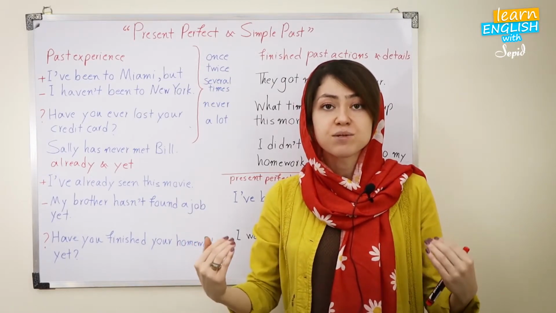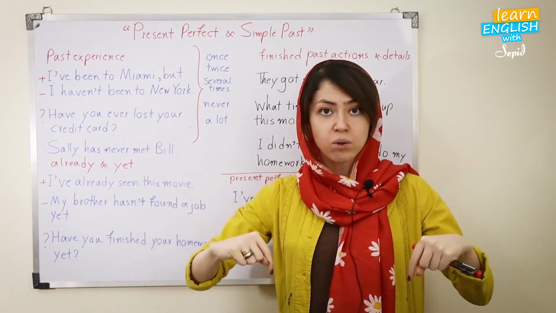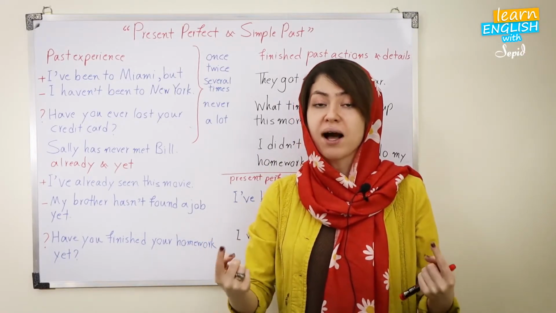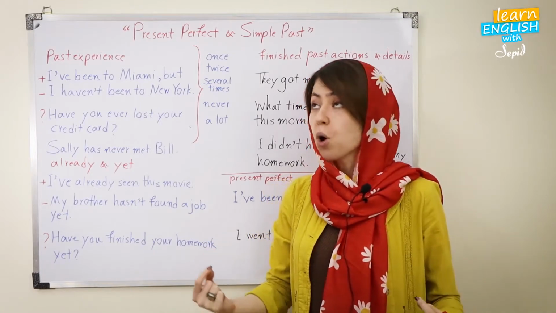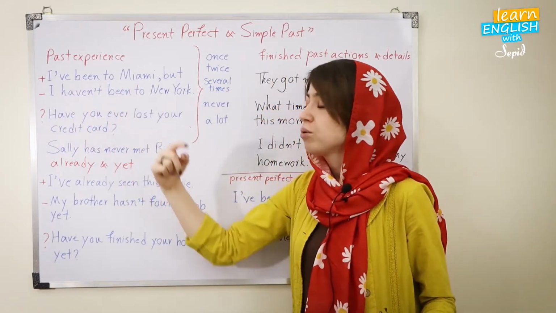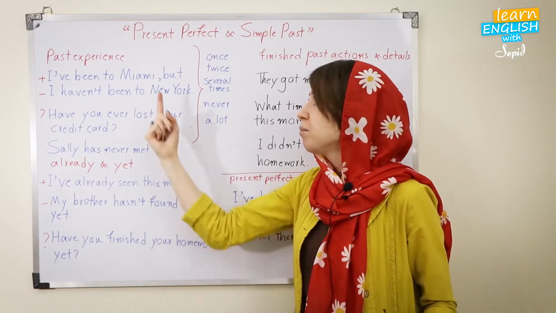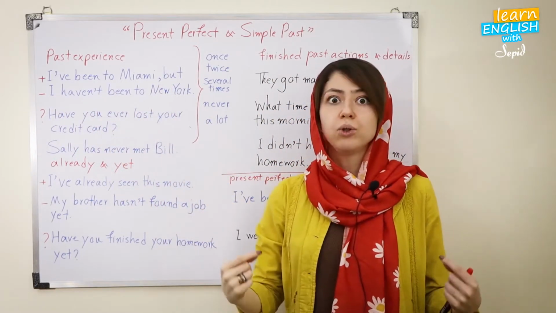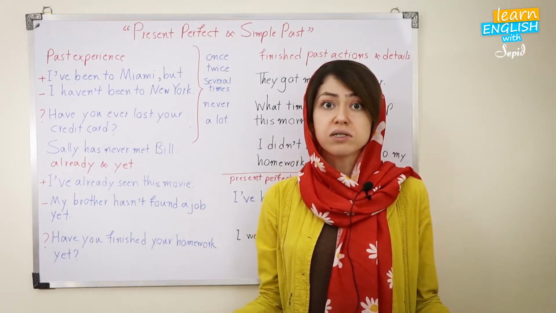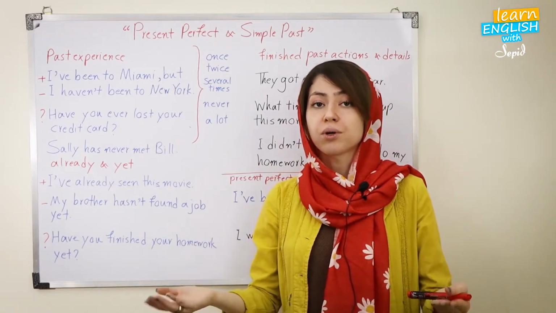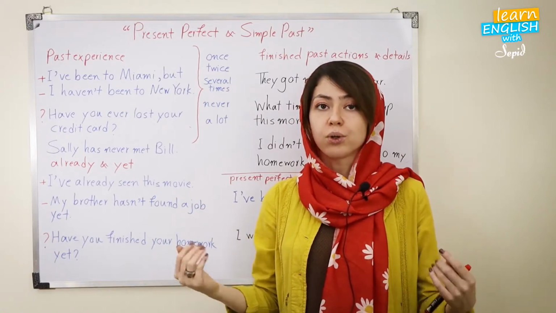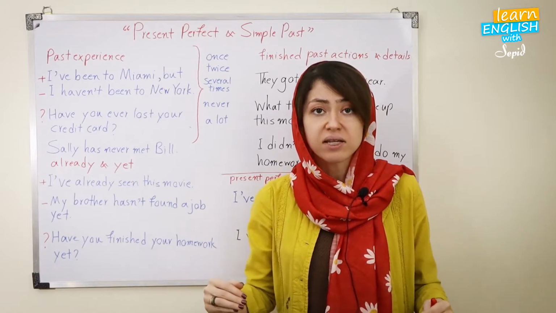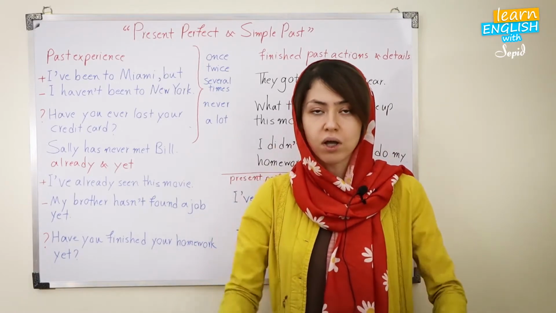This is my experience. Right now that I am talking to you, I remember my experience, okay? So, I've been to Miami. But I haven't been to New York. It means I didn't go to New York. I didn't see New York City. So I don't have the experience to talk about now.